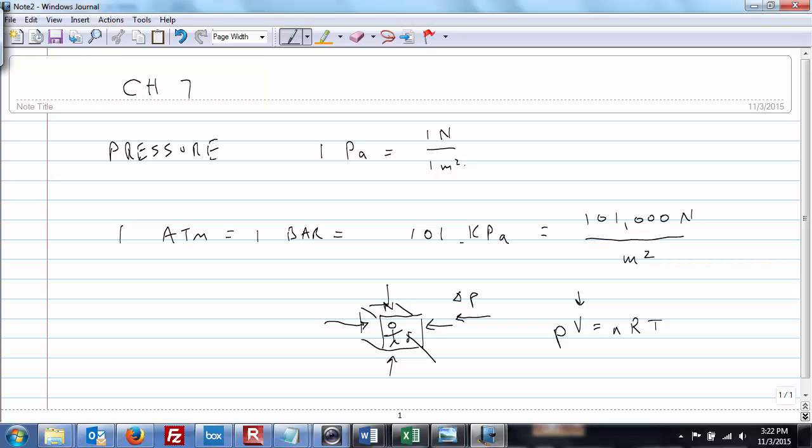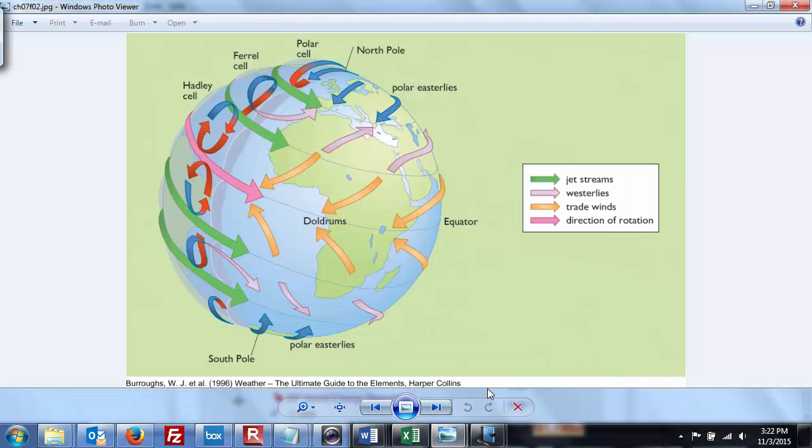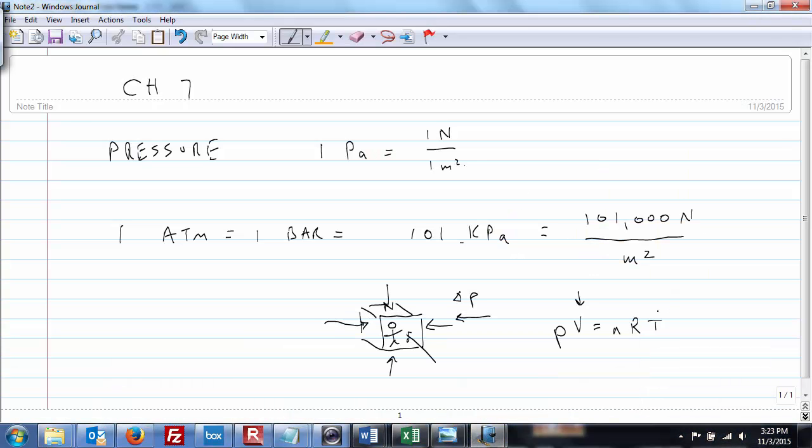There'll be less space in between the molecules. When that happens, it becomes less dense, the air rises, and that leads to these vortices and the movement. So really what's driving all of this is a change in temperature.